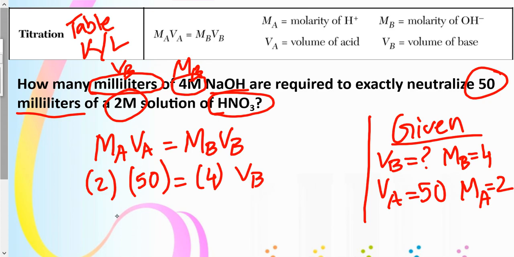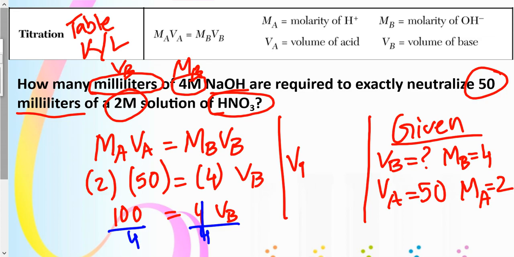So here 2 times 50, we have 100 equals 4 Vb, and then you have to isolate Vb by dividing both sides by 4. And if you do that, the volume of the base is going to be 100 divided by 4, which is 25. And in this case, it would be 25 milliliters because we use milliliters as the unit for this question.